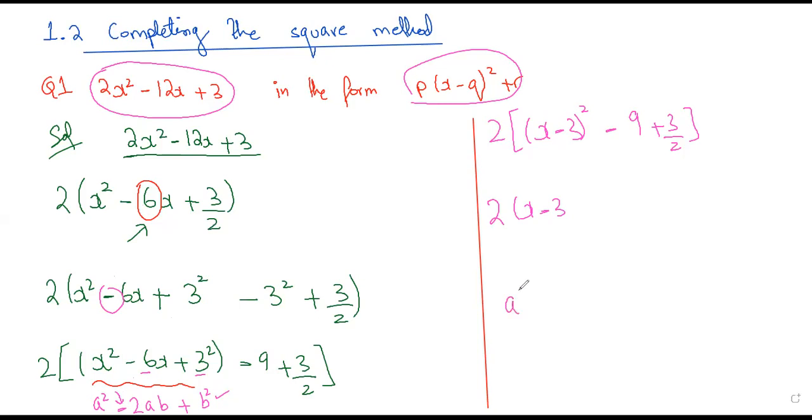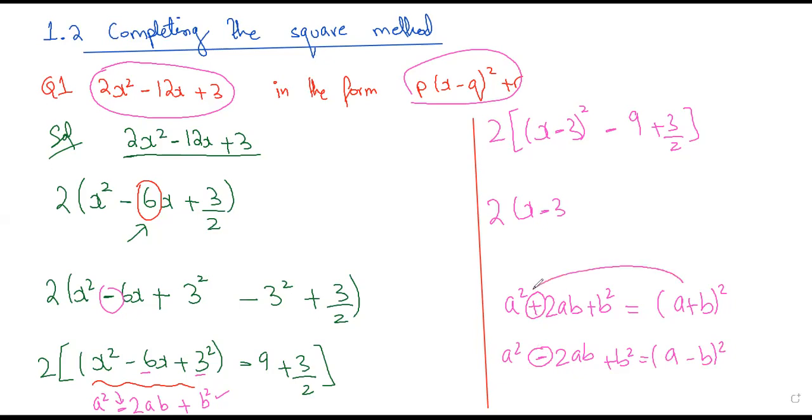If you have a squared plus 2ab plus b squared, what do we get? We get a plus b squared. And if we have a squared minus 2ab plus b squared, in that case, we get a minus b squared. So this sign right here is determining the sign over here. Okay, so since we had minus 12 from the very beginning, the sign with x was negative. That is how I knew that this would be negative as well.